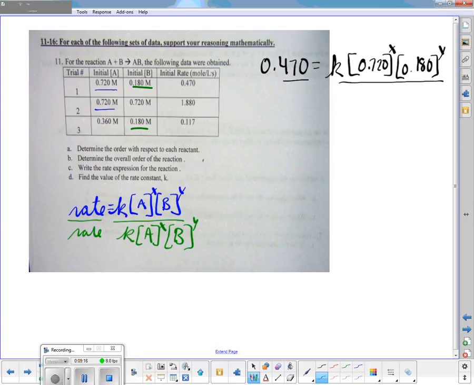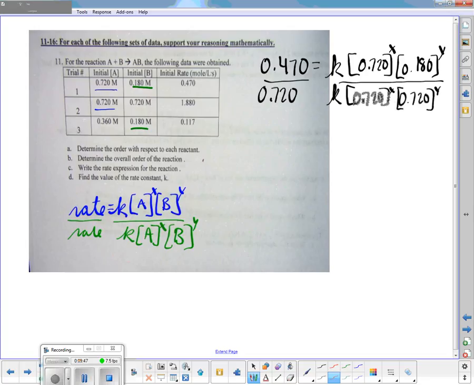These are each divided by the next one down, which is 0.720. Then I'm taking the second row and putting that in. So I'm going to have 0.720 to the x and 0.720 to the y.